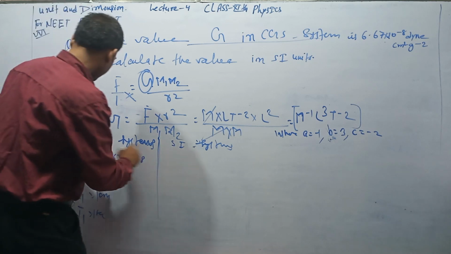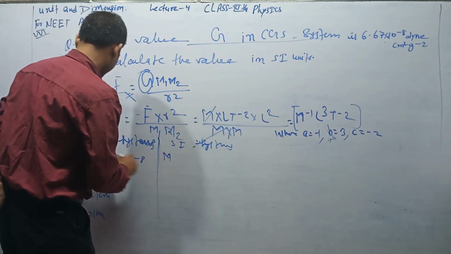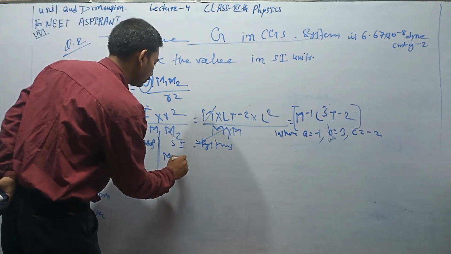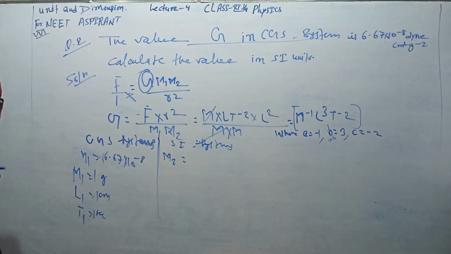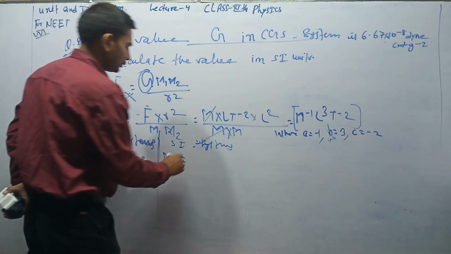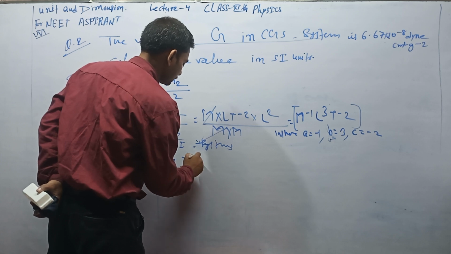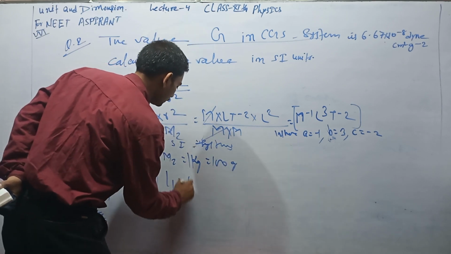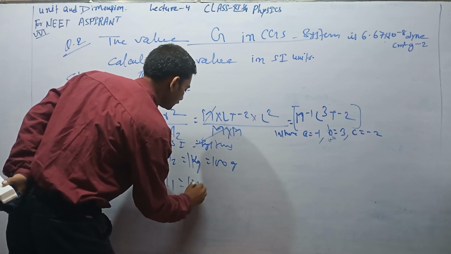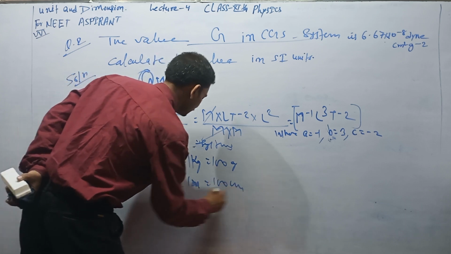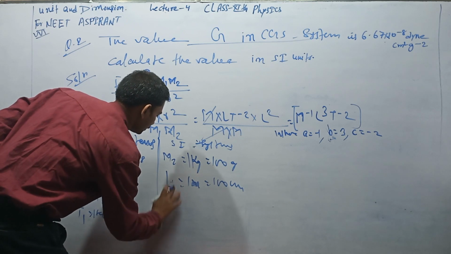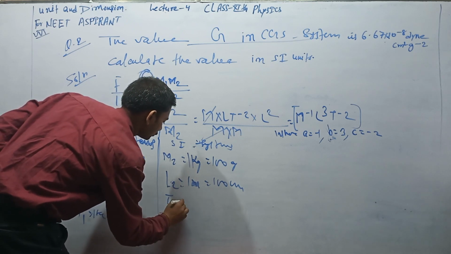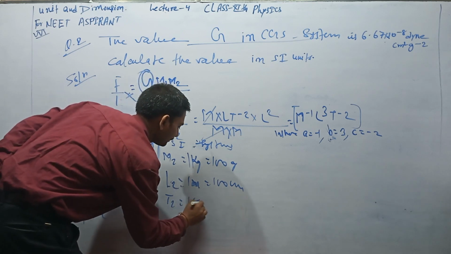M2 in the SI system is 1 kg equals 1000 gram, L2 is 1 meter, that means 100 centimeter, T2 is 1 second.